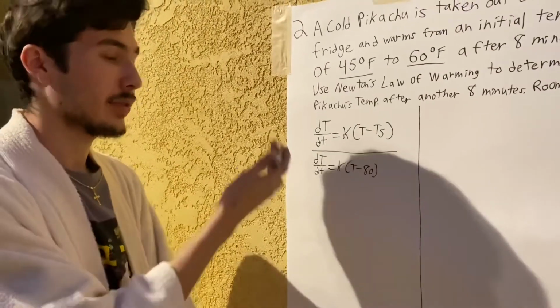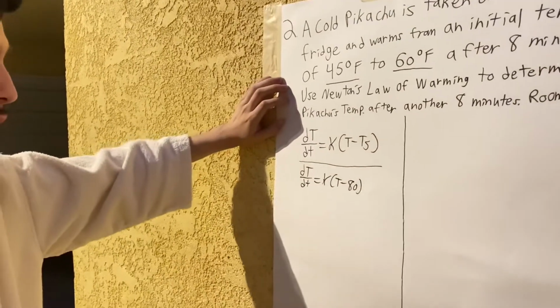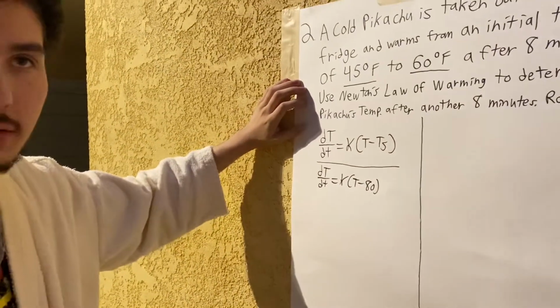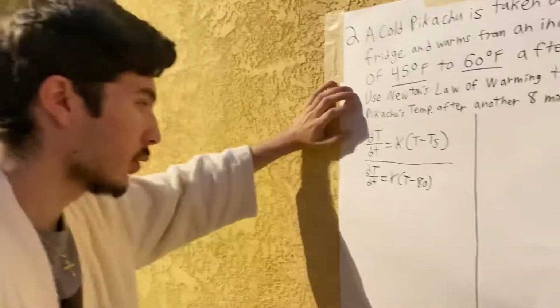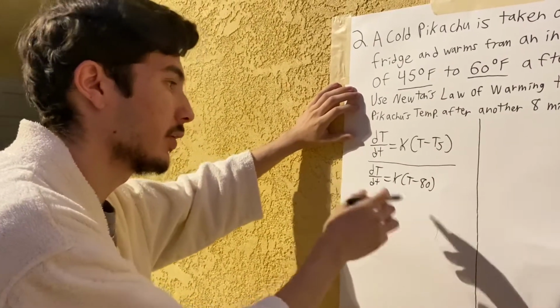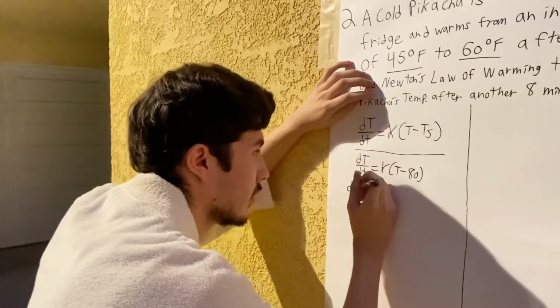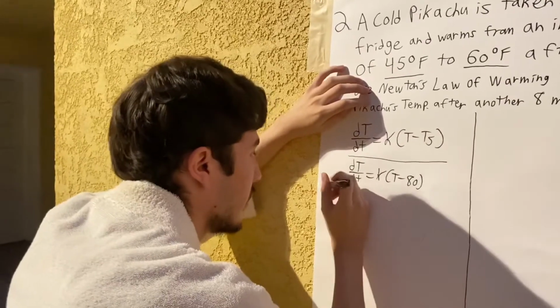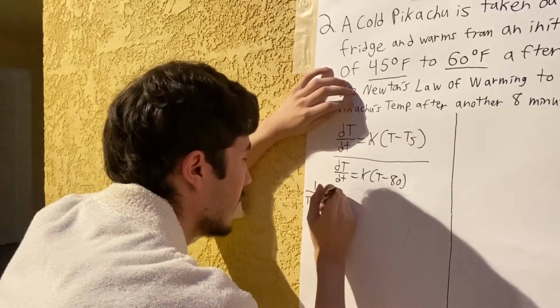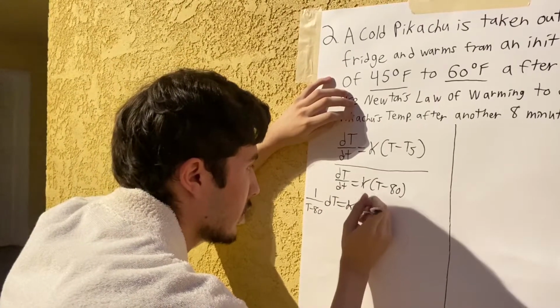So, also this time temperature, by the way. Now what we want to do is isolate the T's again, just like we did with x and y. We're going to multiply the dt to the side and divide the T minus 80 over here, so the T is with a capital T. So 1 over T minus 80 times dT equals k dt.